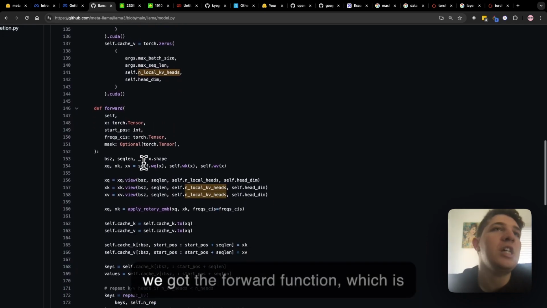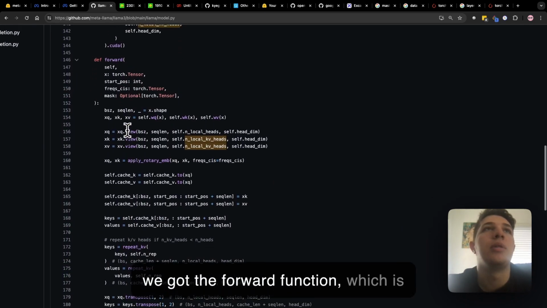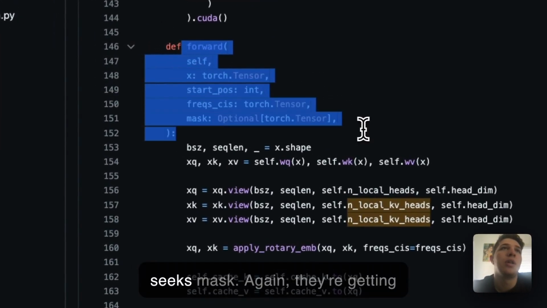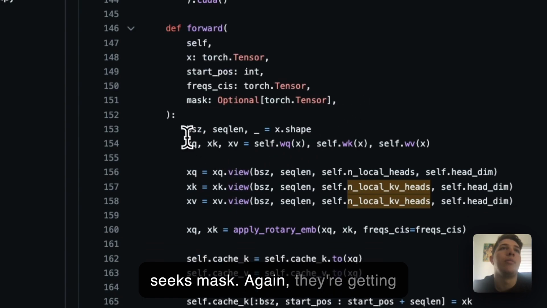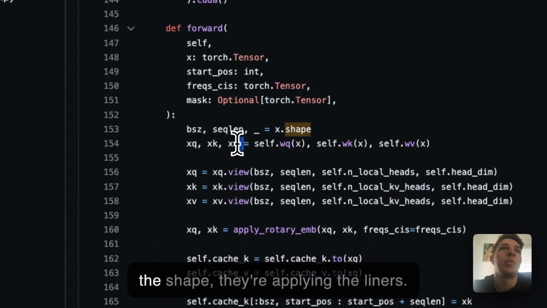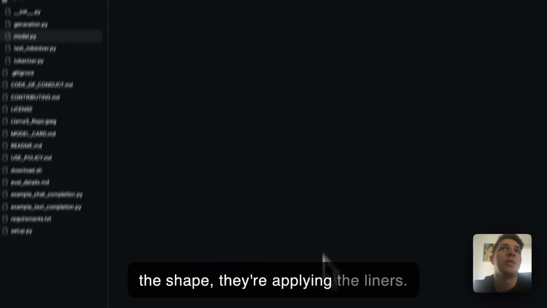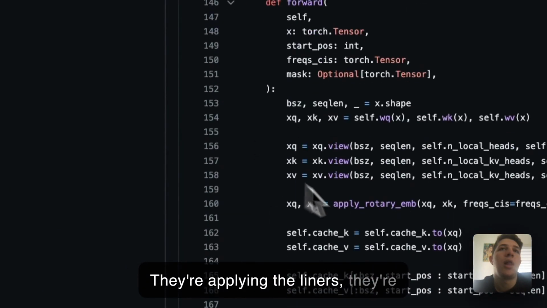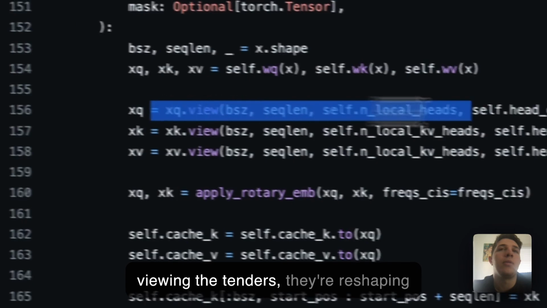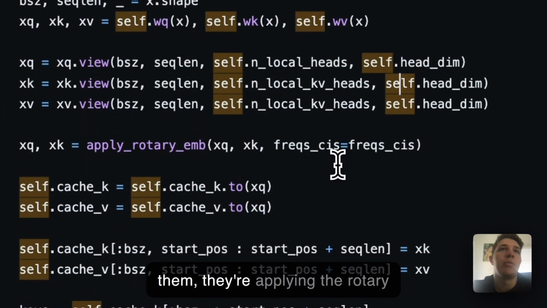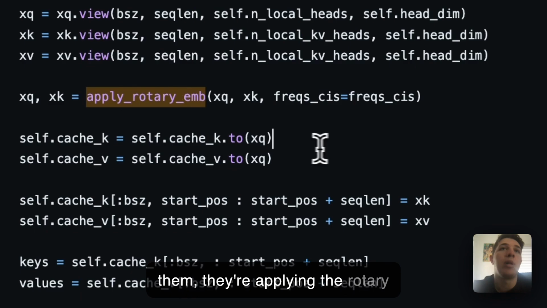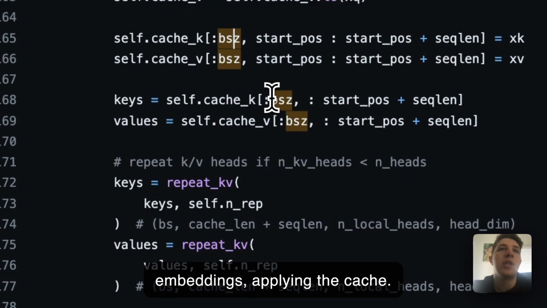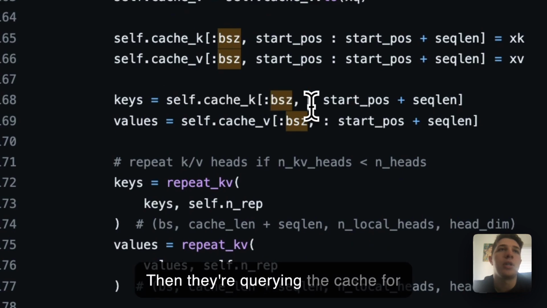So after that, we got the forward function, which is taking in an X, start positions for each sequence, mask. Again, they're getting the shape. They're applying the linears. They're viewing the tensors. They're reshaping them. They're applying the rotary embeddings, applying the cache. Then they're querying the cache for the keys and values.